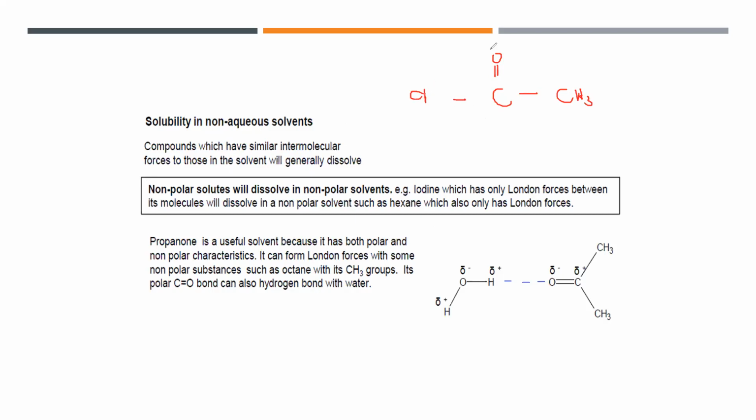Prop because of 3 carbons, an because of single bonds between the carbons, and one because of the ketone, it is propanone. Due to the carbon chain, it can have dipole induced dipole force.